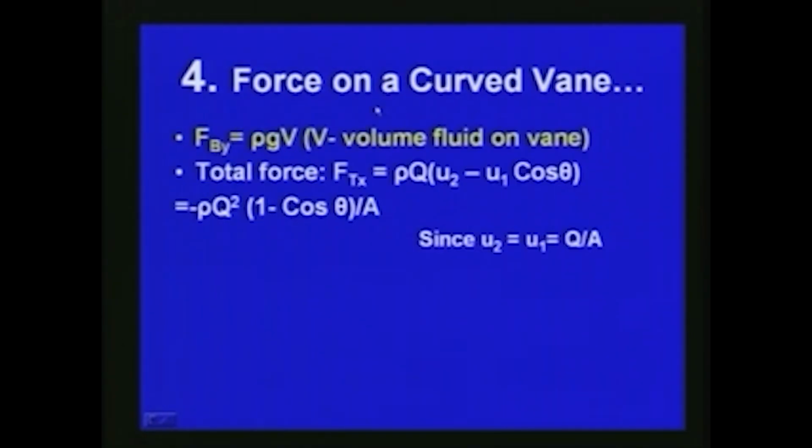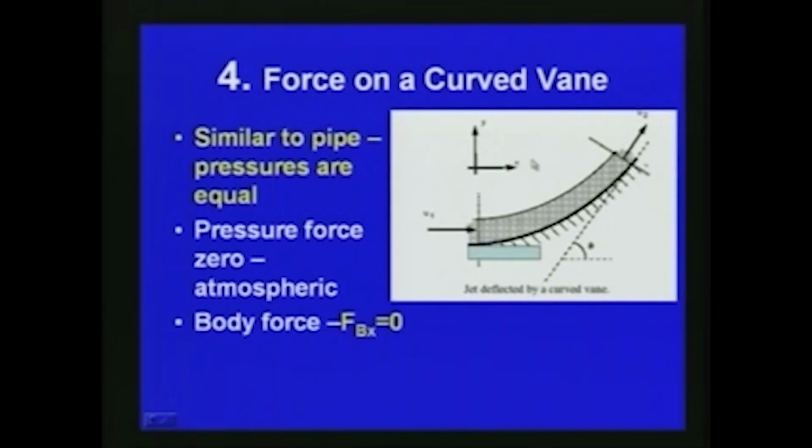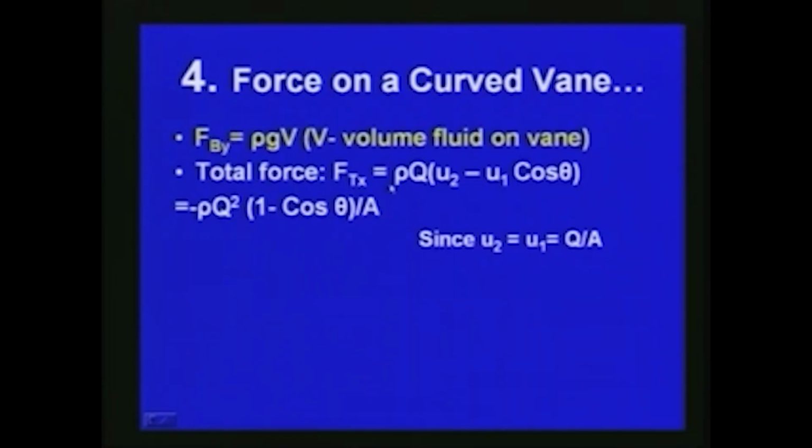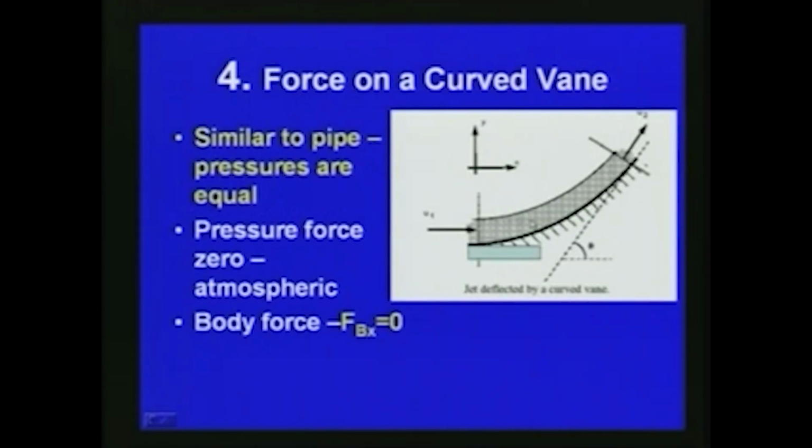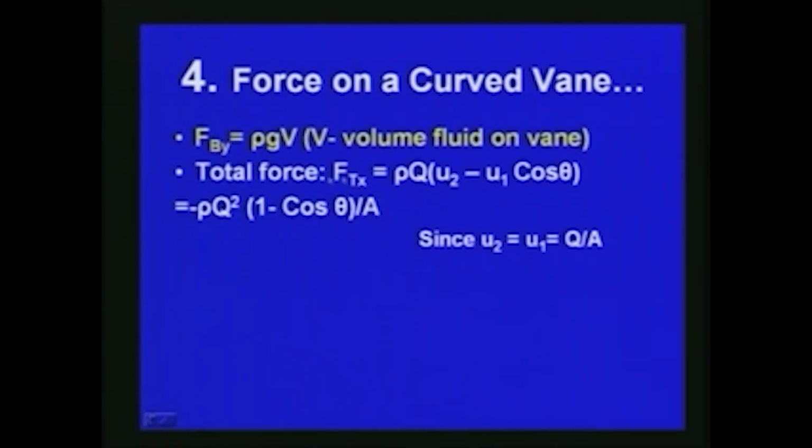Now, considering the force on a curved vane, you can see that the body force Fbx is equal to 0 in the x direction. Now we can find the total force in the x direction with respect to this figure: it is rho Q into u2 minus u1 cos theta.